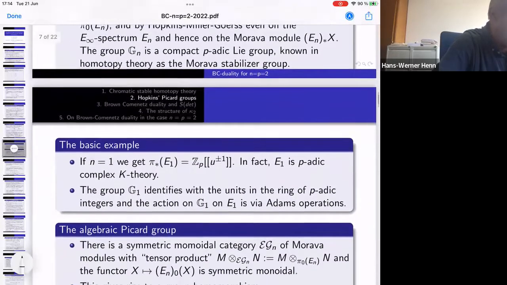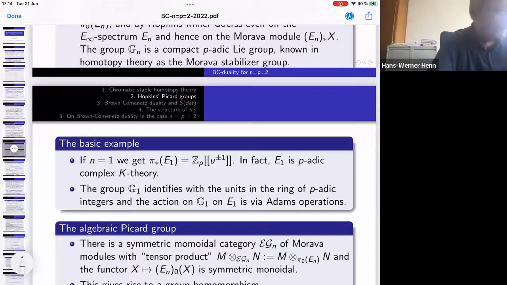The basic example is the case n equals 1. The case n equals 0 is sort of exceptional and trivial. In the case n equals 1, we have pi star of E1, that's just p-adic complex K-theory.